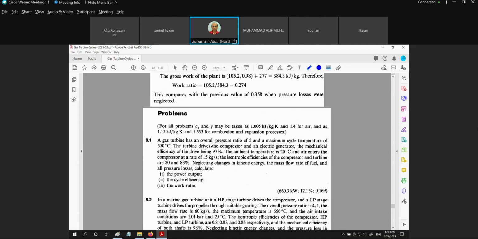What do you think you should put this statement of mechanical efficiency? The turbine drives the compressor and an electrical generator, and the mechanical efficiency of the drive being 97%. What do you think?